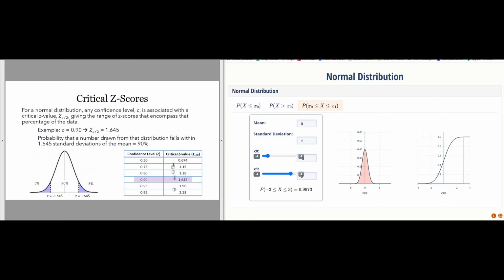here are some other common z-scores that over time, if you do a lot of statistics, you'll just end up memorizing.